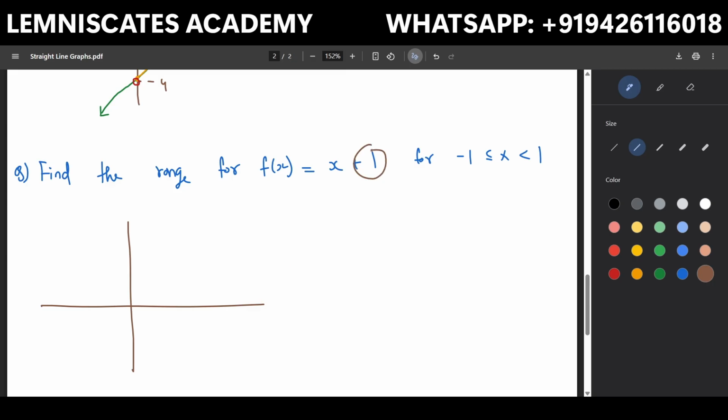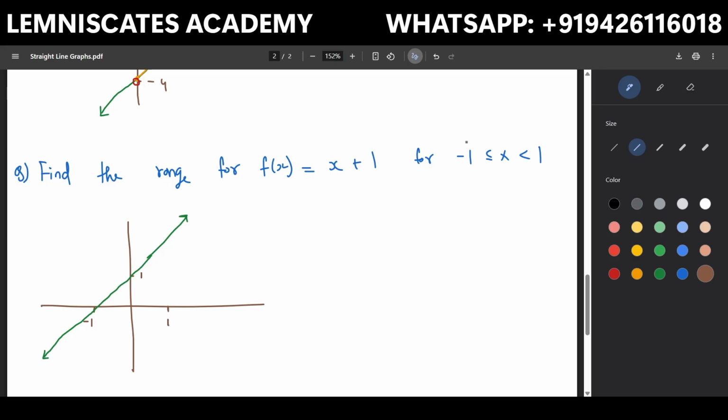So the y-intercept is plus 1 and the x-intercept will be equal to minus 1. So let me write minus 1 for the x-intercept and plus 1 for the y-intercept, and then let me draw the graph. So my graph is ready. Now the least value of the domain is minus 1, the maximum is positive 1. So minus 1 is something that I've already highlighted, plus 1 may be somewhere over here.